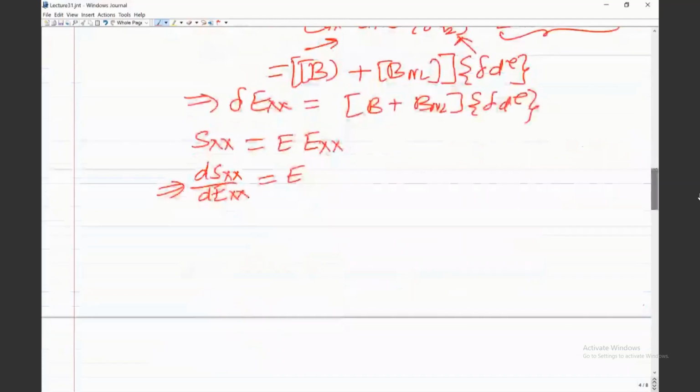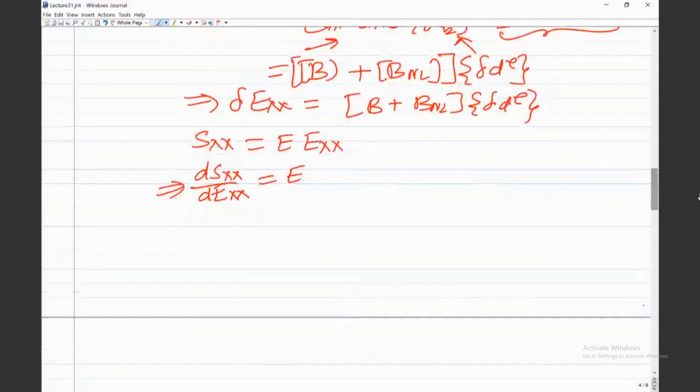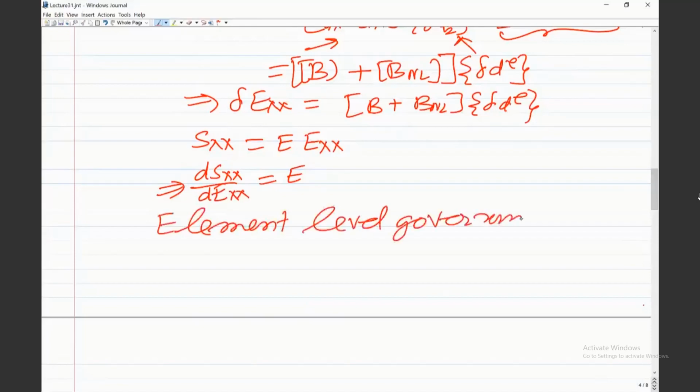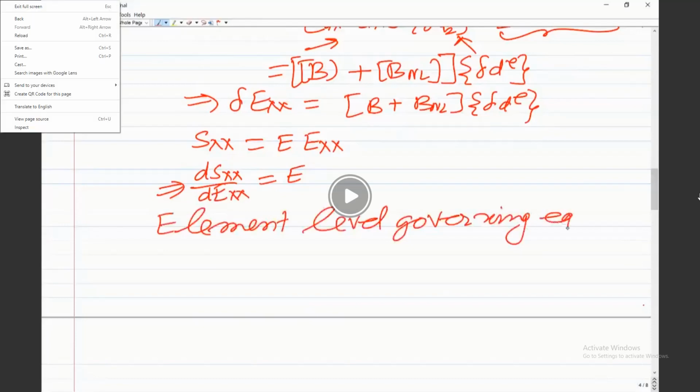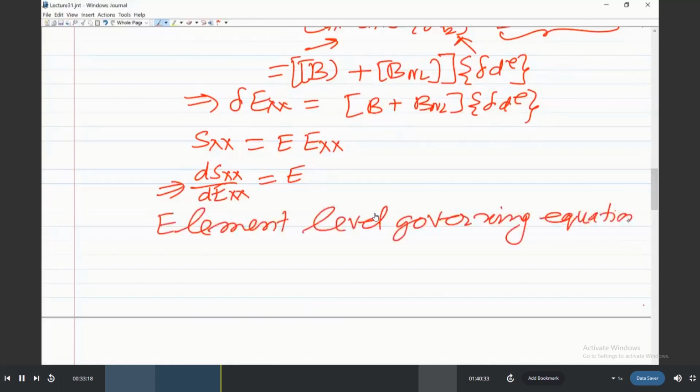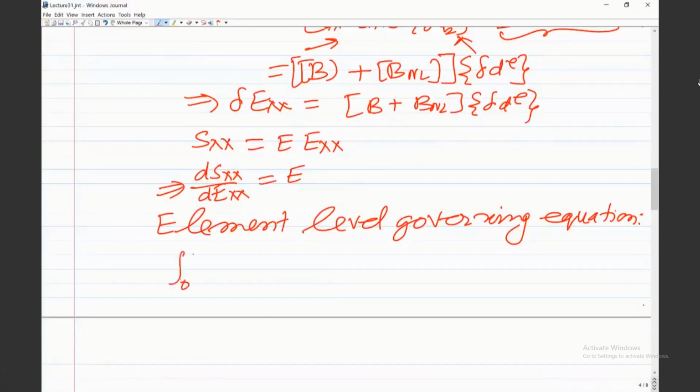So let me write the element level governing equation. The only thing is, S has only one component of the second Piola-Kirchhoff stress tensor. The element level governing equation will be: the integration over volume we split into area times integration over x, so integration 0 to L, where L is the length of the element in the undeformed position.